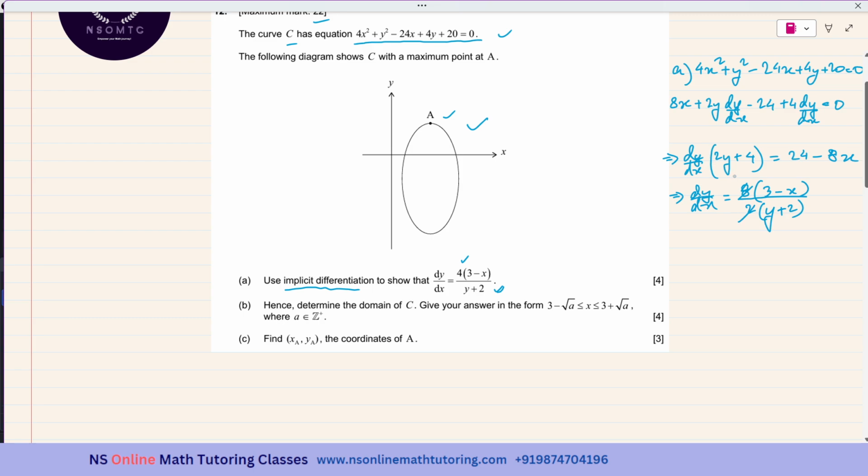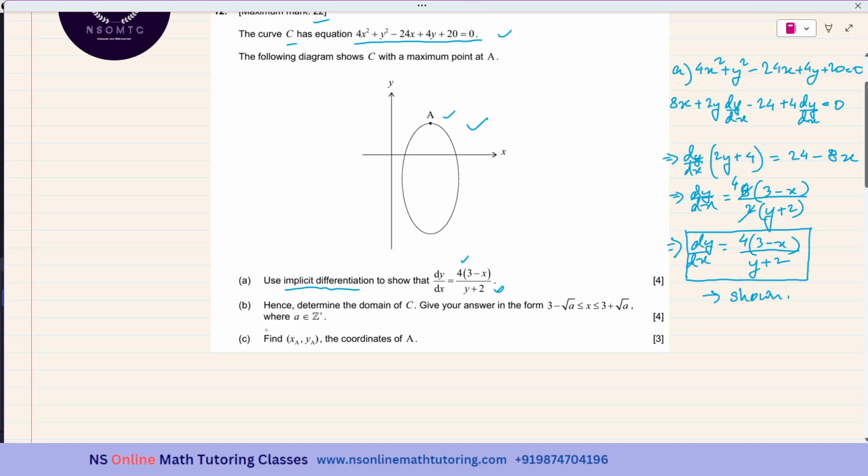These two will get cancelled to give us a 4. So dy dx is equal to 4 times (3 minus x) over (y plus 2). Shown.